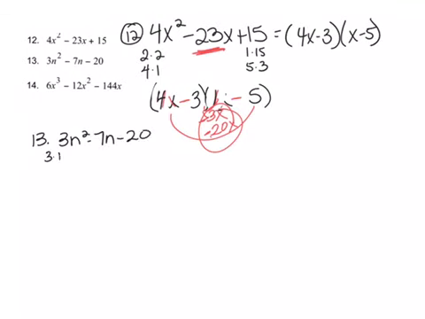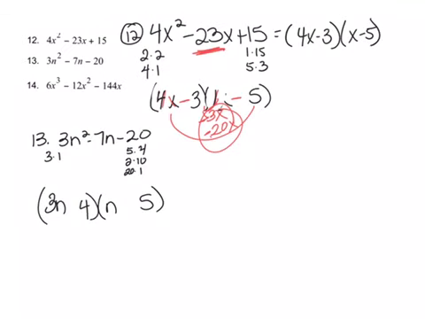So that's 3 and 1. It's the only one we got for that. 5 times 4, 2 times 10, or 20 times 1. Those are my options for 20. So we're going to look at 3n and n. And I need it to be 7, so the numbers should be pretty close together. How about 5 and 4?